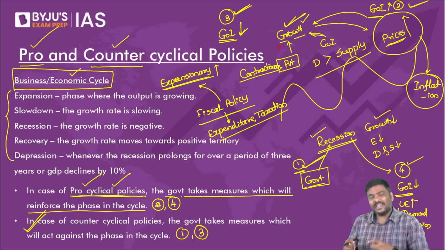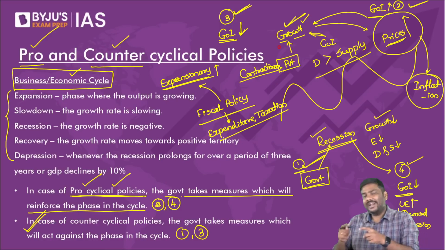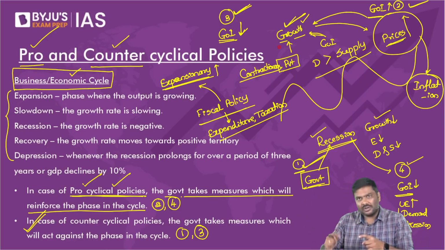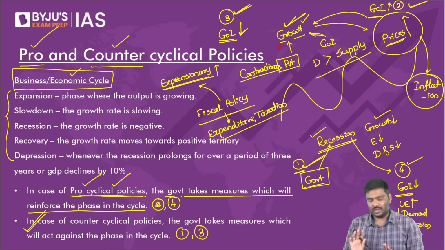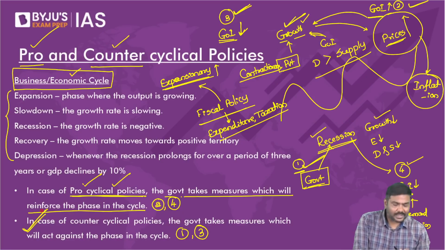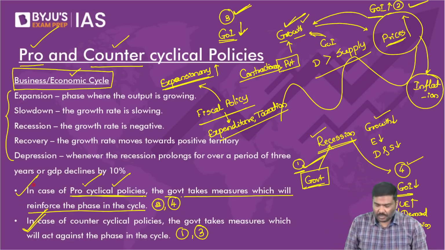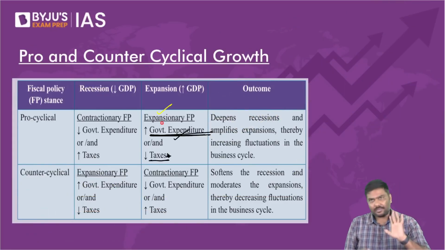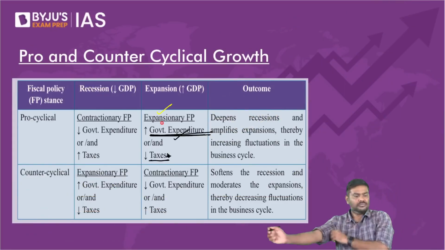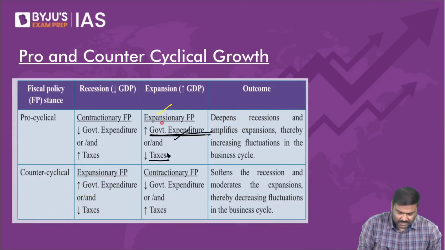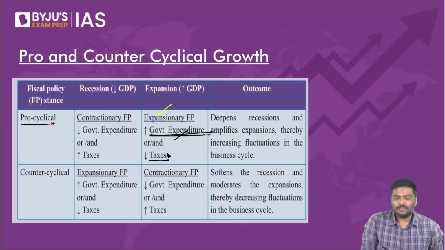Government will reduce expenditure so that the demand in the market will come down. Inflation will also be controlled. So, pro-cyclical and counter-cyclical. Now, please do let me know, does this table make sense to you now? Whenever there is a talk of pro-cyclical policy, there is a recession.